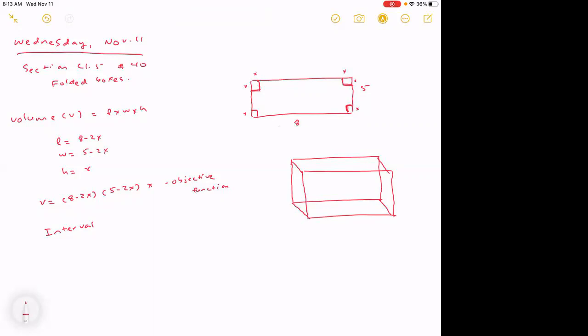You have a rectangular piece of paper in front of you. You cut a square from each corner whose side is 1, and you fold that up.